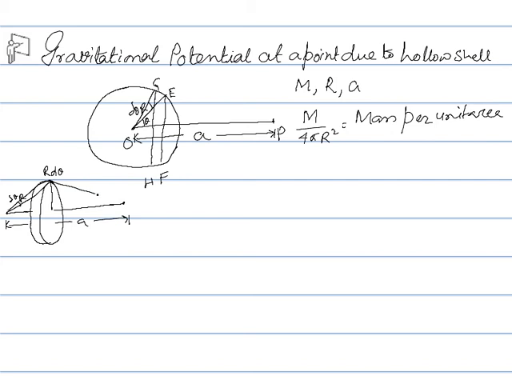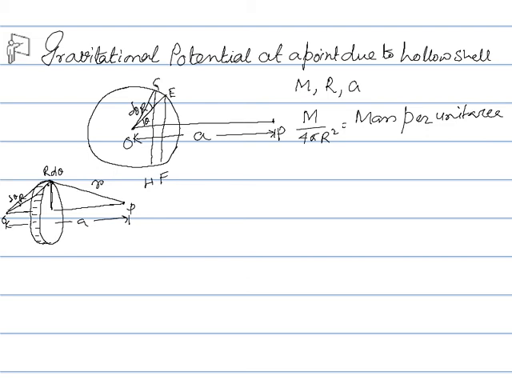Suppose the distance of the circumference of this cut section from the point P is, say, r. This is O. Now we have to find the potential at P due to this elementary ring.